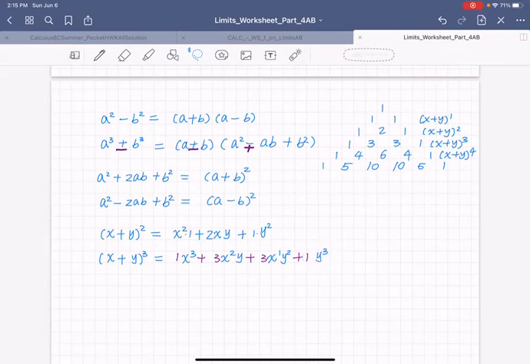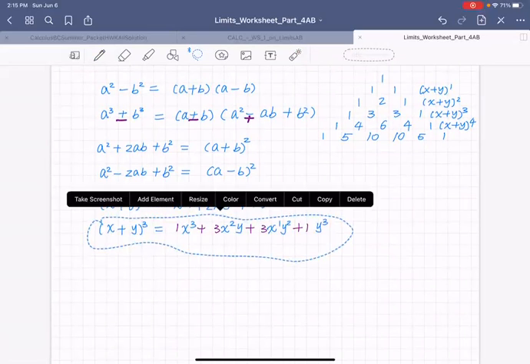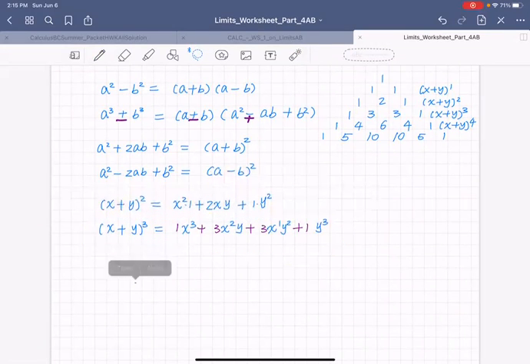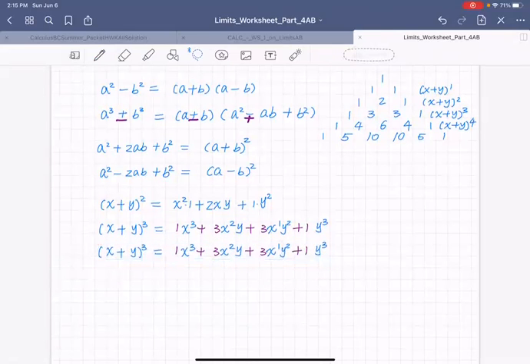You may ask, what happens if it is not x plus y? If it's x minus y, how do I do it? Easy. All the coefficients, all the pattern, still the same.